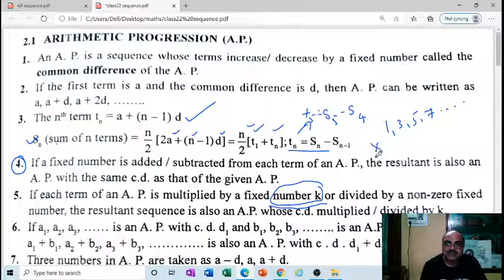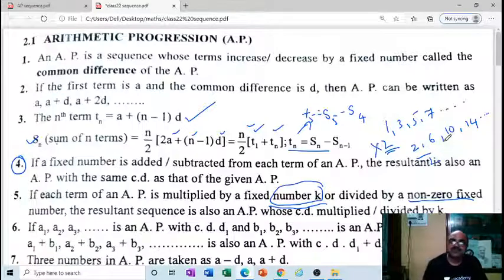Now, if it is multiplied by 2, it becomes 2, 6, 10, 14, that is what they are talking about. You have multiplied by a fixed number called K, or divided by a non-zero fixed number. It can even be divided, for example by 2, and it will become 0.5, 1.5, 2.5, 3.5, like that.